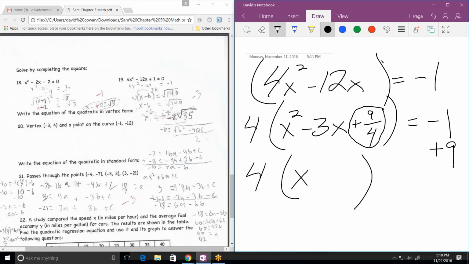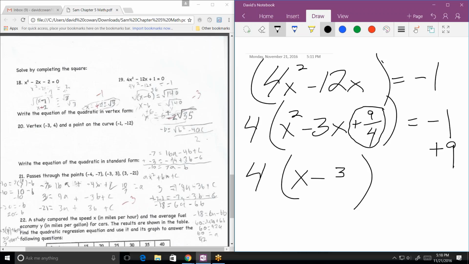It's always going to be x. The sign is always going to be the same sign as the middle term. Now what is it? X minus what? Whatever you got when you took that and divided it by 2, that's what it is.